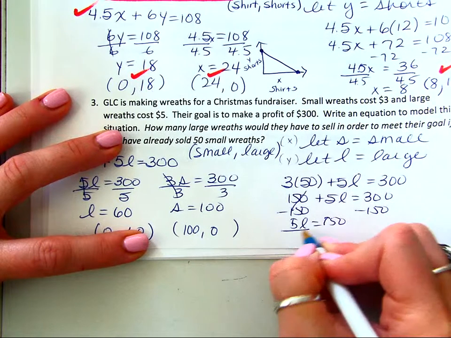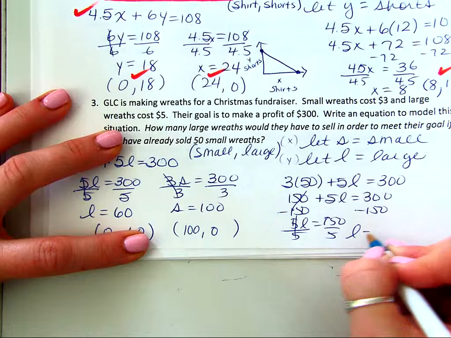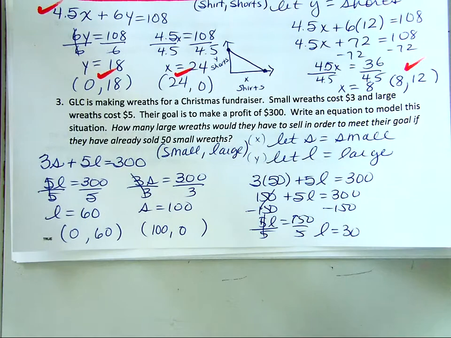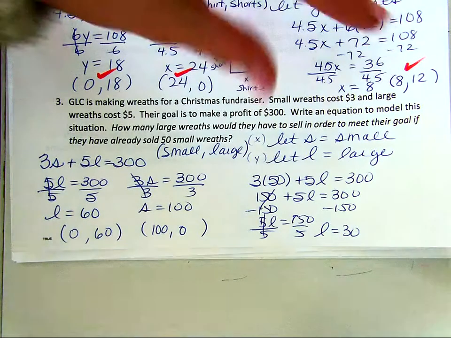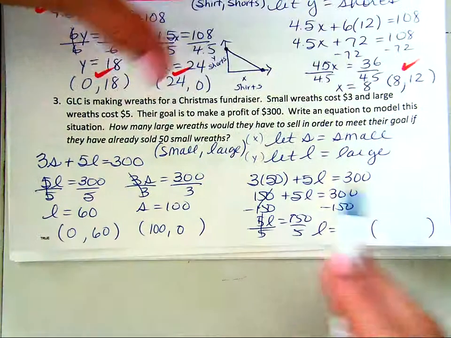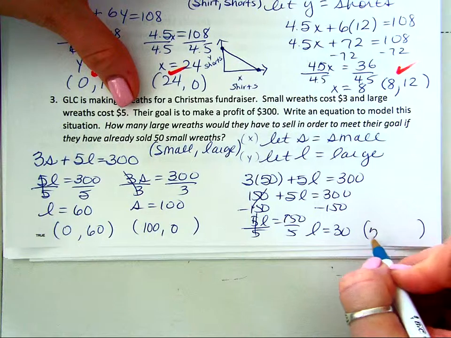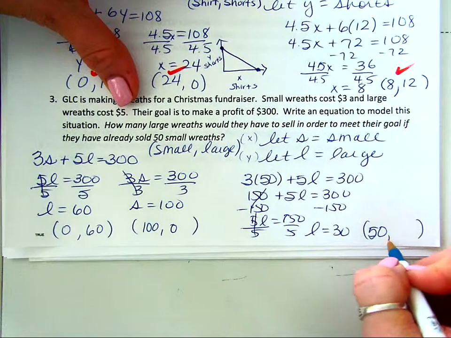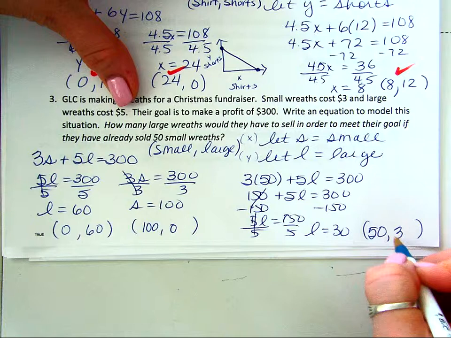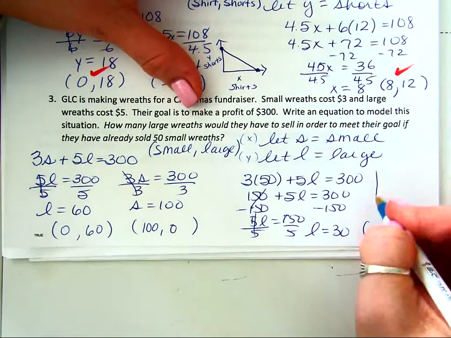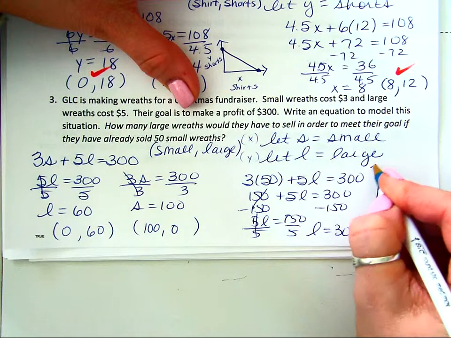Okay, so I'm almost done. I have to do my sketch on my last ordered pair. Large is, meaning if I had 50 small wreaths sold already, then I still need to sell 30 large. And that would look like this. This would be my small. This would be large.